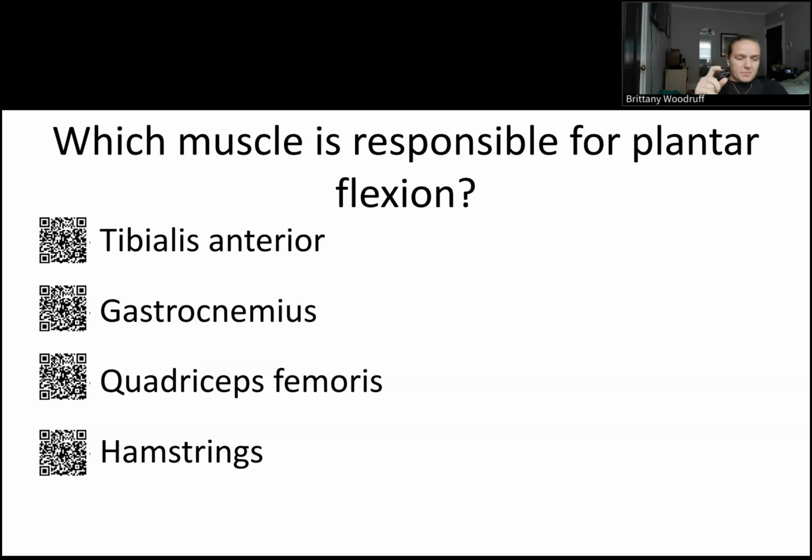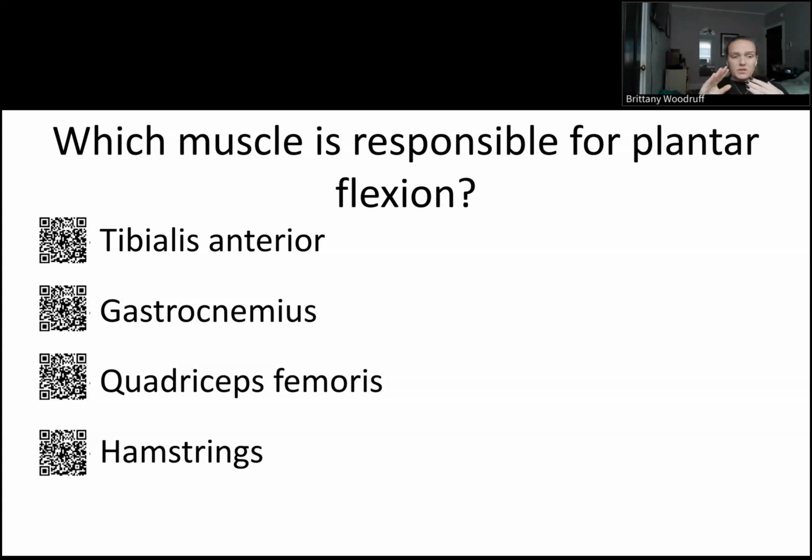So think about it like puppet strings. When the tibialis anterior contracts, you're pulling up on the top of the puppet strings, which are attached to the top of your foot, and they're going to pull those toes upwards. That is going to cause dorsiflexion.